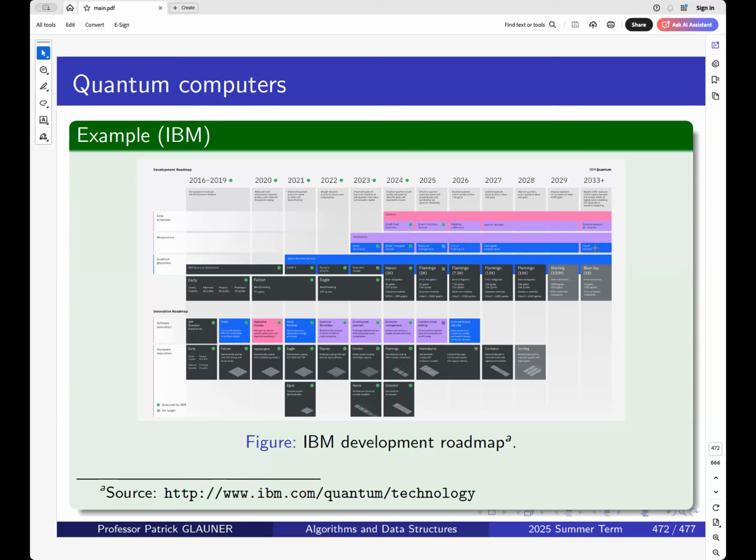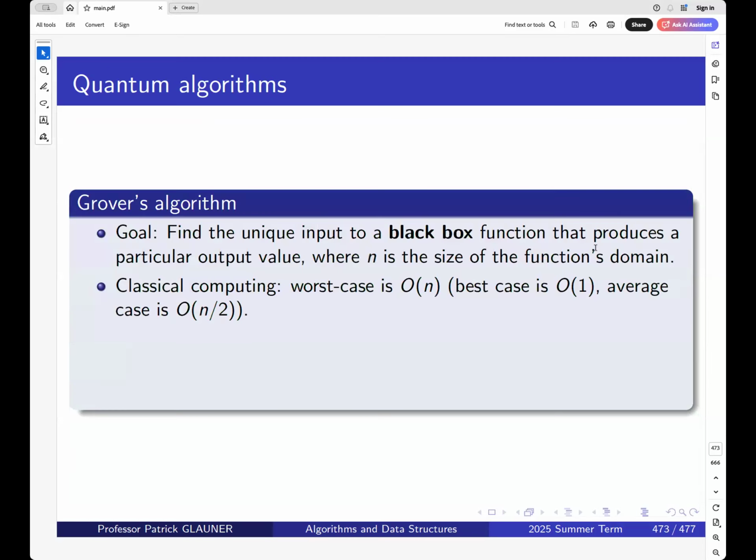Now, we've seen how qubits work. We've seen quantum computers. Now let's look at concrete algorithms. Over the years, dozens of quantum computing algorithms have been proposed in the literature. Most of them we cannot run on real quantum computers yet because we need bigger quantum computers.